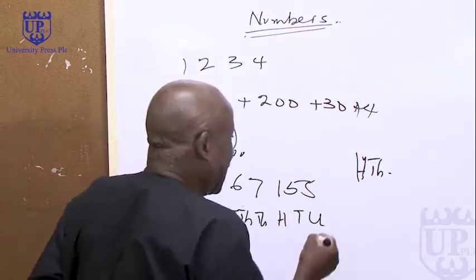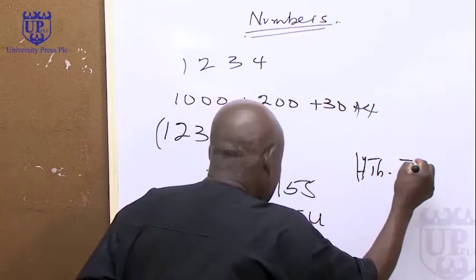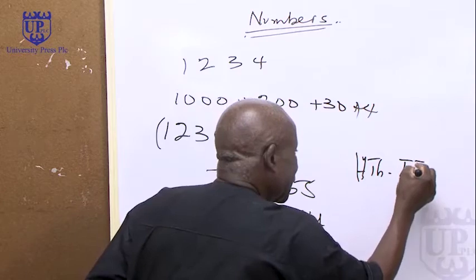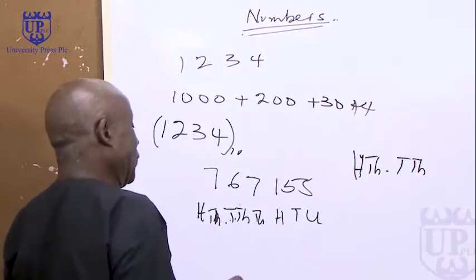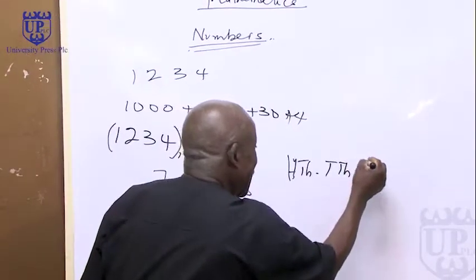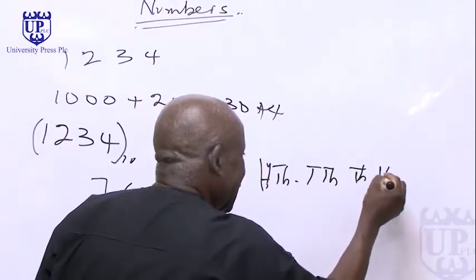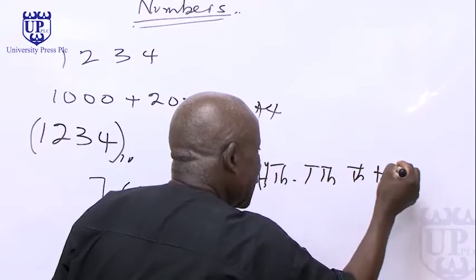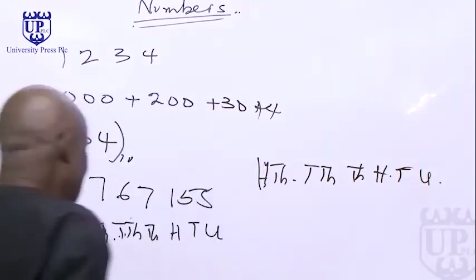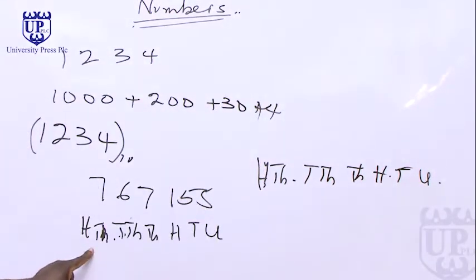The next one is tens of thousands, TTH. The next one is thousands, TH. Then the hundreds, tens, and units.